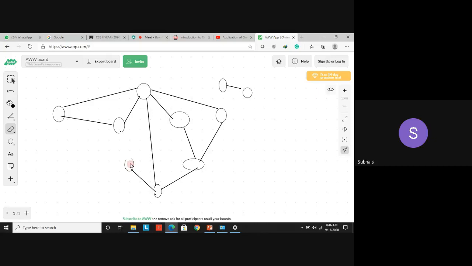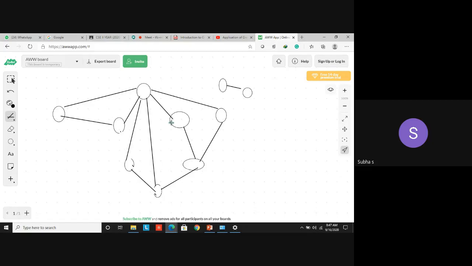We have a certain set of nodes, and those nodes are connected through edges. Now, don't think that this node must be connected to this node. It's not necessary. If I don't want this edge, we can remove it. So this is the general difference between a tree and a graph.